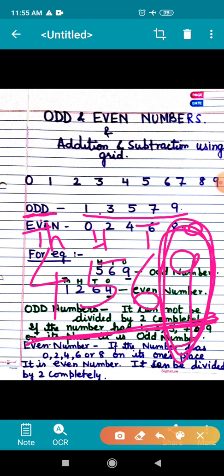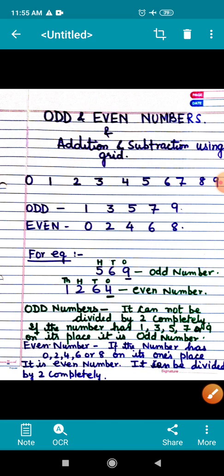Okay, now I am taking one more example. Here is another example, 451. The ones place has 1 and 1 is odd, so this 451 will be considered an odd number.